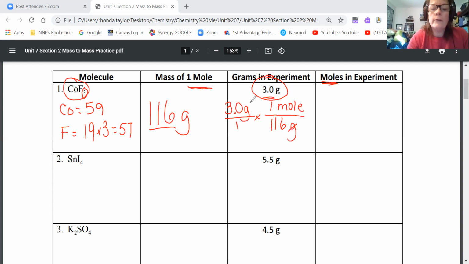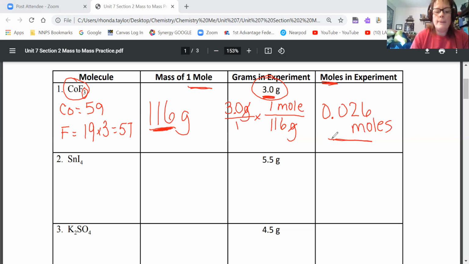Put the grams down here so they cancel out, and then you just do the math, and you should have ended up with 0.026 moles. You could have carried it out several decimal places. This one's a fraction of a mole because once you see the compound weighs 116 grams, and you're only working with a really tiny little bit of it, you should have realized that you're going to get a small number here.